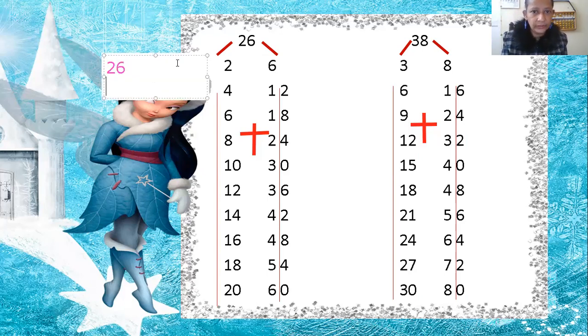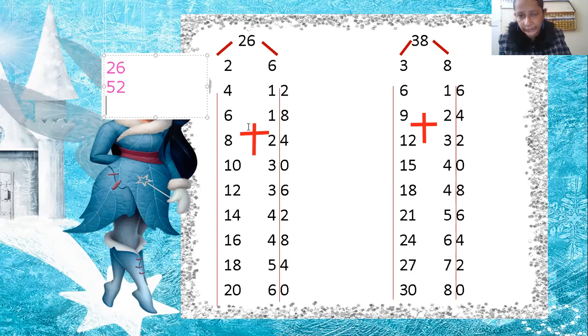Next you see, this is लाइन के बीच में 4 plus 1. 4 plus 1 is 5, so 5 I will write down here, and 2 इसके साथ में है, तो 2 I will write down here as it is. Next you see, 6 plus 1 is 7, तो 7 I will write down here, and इसके साथ में ये 8 है, तो 8 we will write down here as it is.